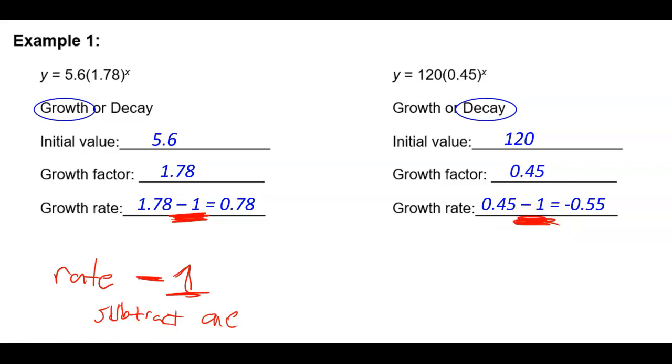If you don't subtract 1 from the factor, you're not going to get the rate. So whatever the second number is, you subtract 1. In this case, 0.45 minus 1 gives you a negative number, and that's okay. It's decreasing by 55%. This one on the left is increasing, because it's positive, by 78%. They are different. Okay?